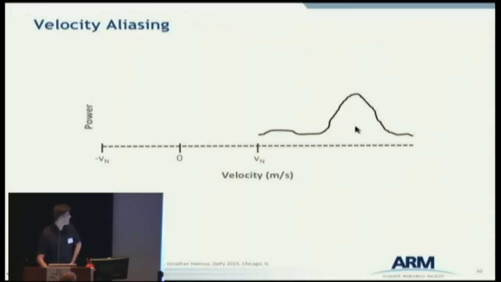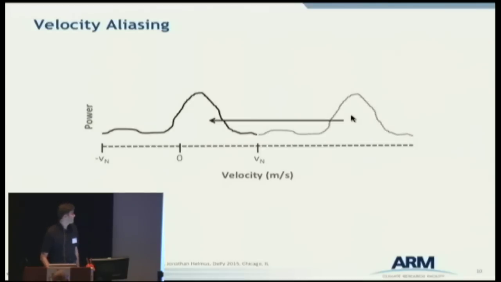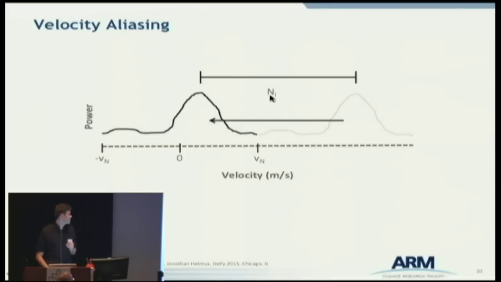It turns out if you have a velocity of your storm that's outside of the range that you measure, so in this case, this is the range we measure, and the actual velocity is way out here, then according to sampling theory, that peak gets folded into your actual sampled region. The amount that it's shifted is known as the Nyquist interval. So this is basically this entire range.